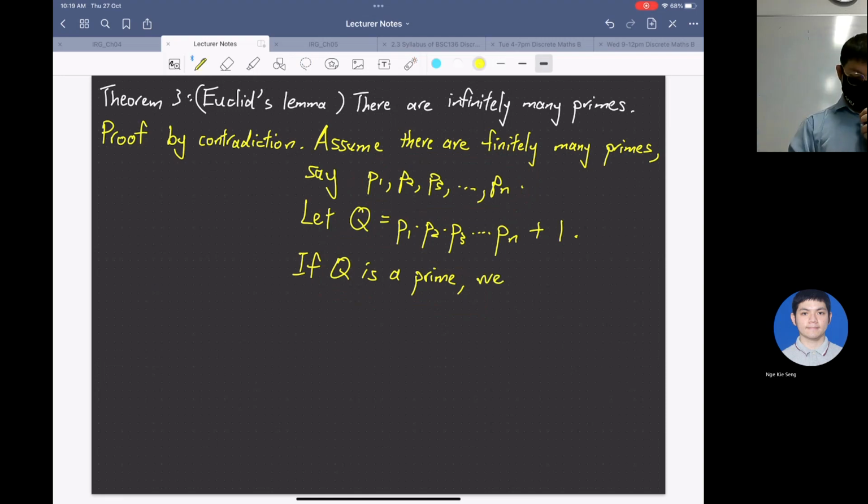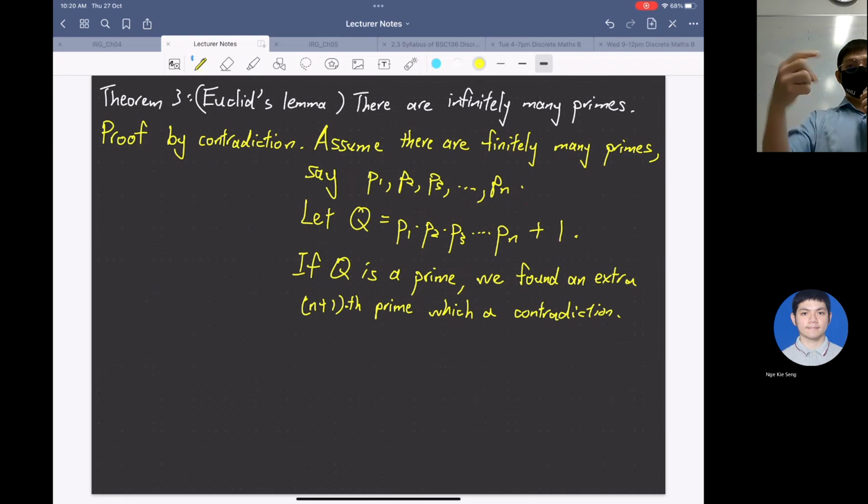That is a contradiction, because we said there are only n of them but found an extra one. So this case doesn't work.